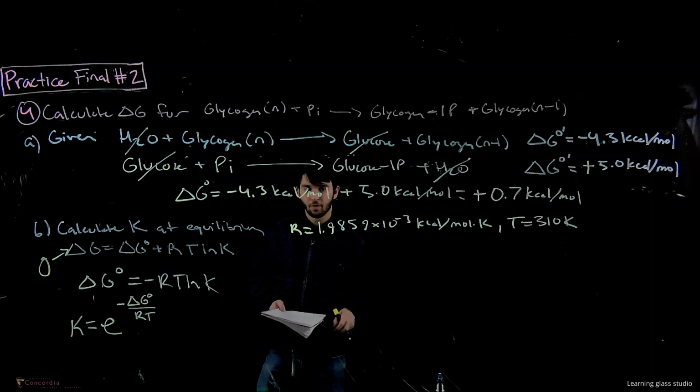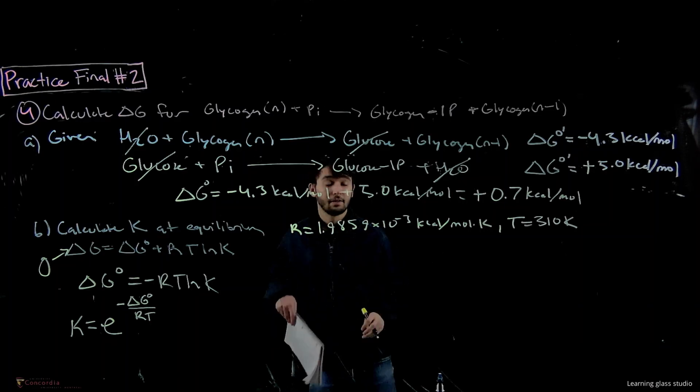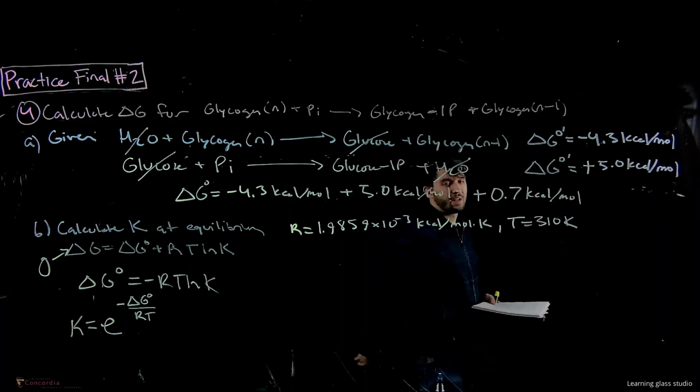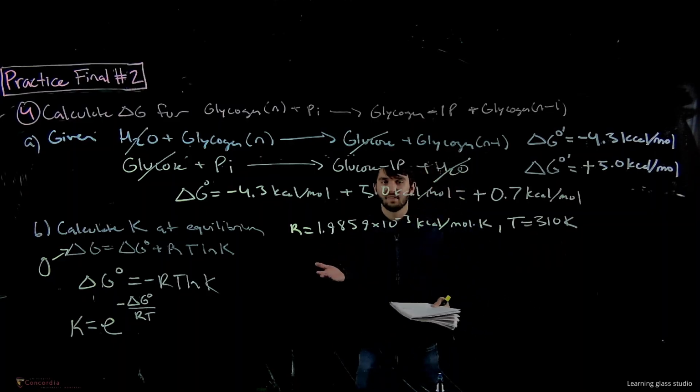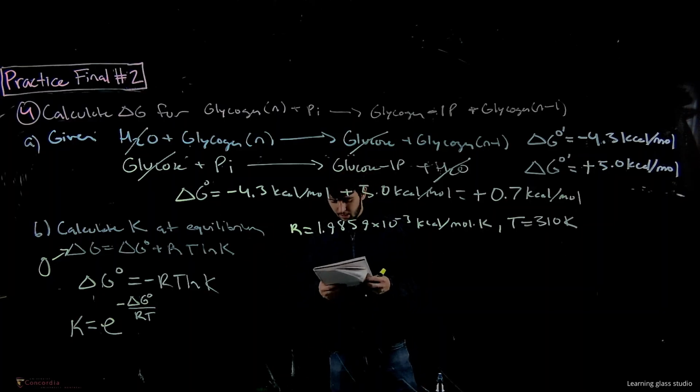And we know that R is going to be 1.9859 times 10 to the minus 3 kcal per mole Kelvin. Notice we're in kcal, not in kilojoules, so R changes with the units. T is 310 Kelvin, that's 37 degrees Celsius plus 273, physiological temperature.